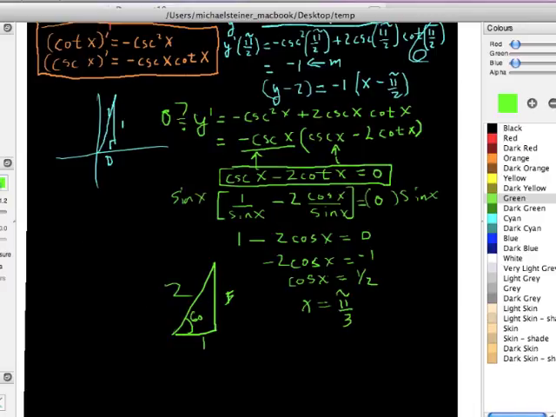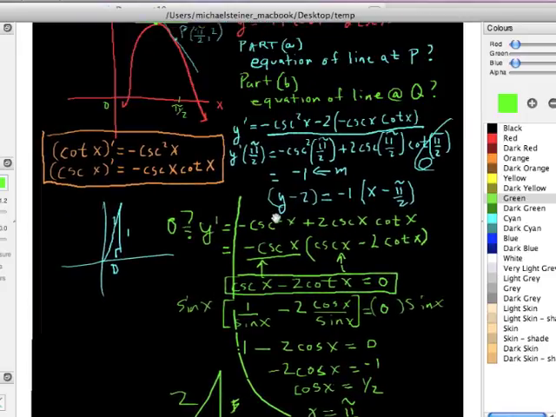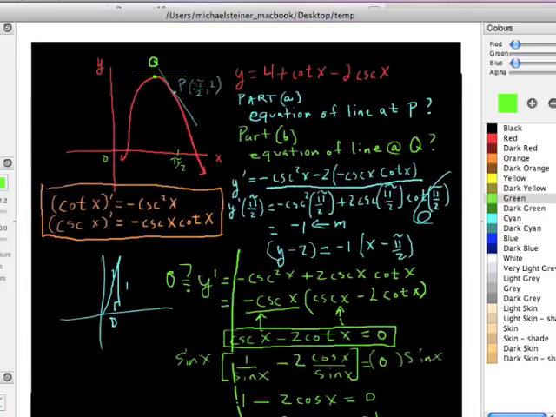If we take this x value and put it in, let's go all the way up here. We put it in for x here, and then we would have our y value, and that would be the equation of the line q, whatever that y value is, because its slope is 0.